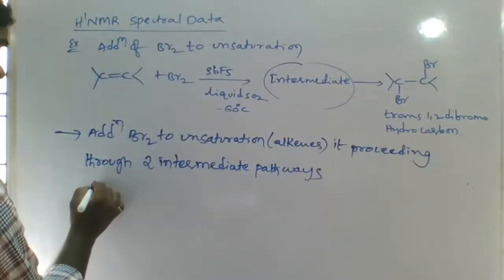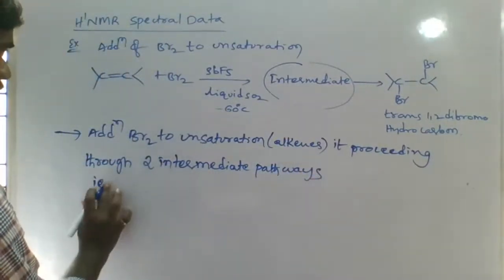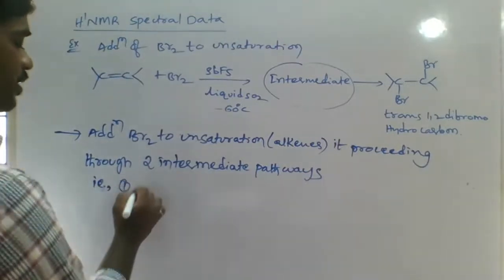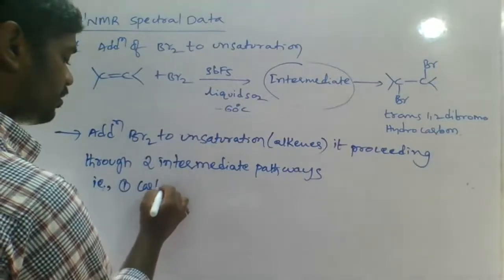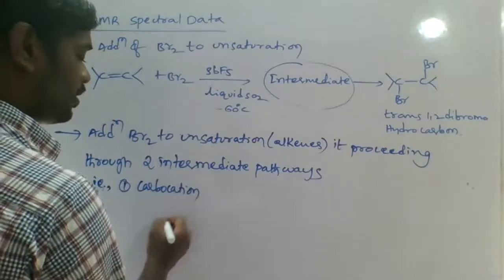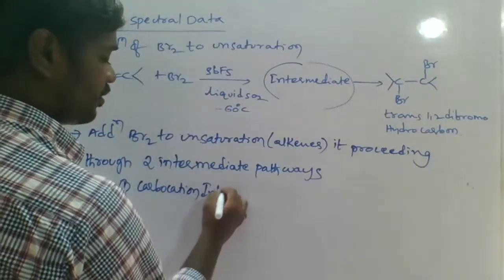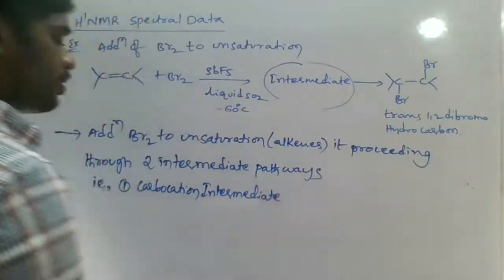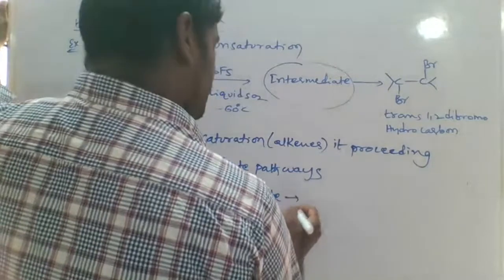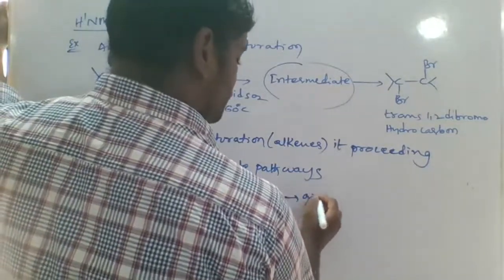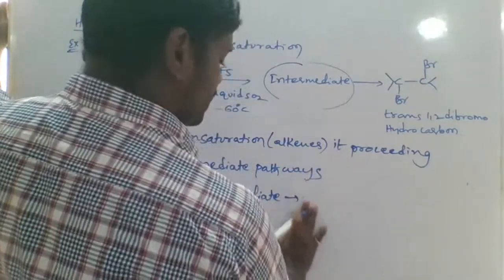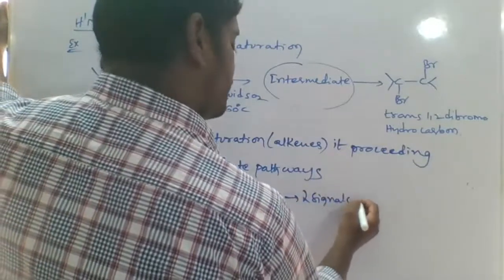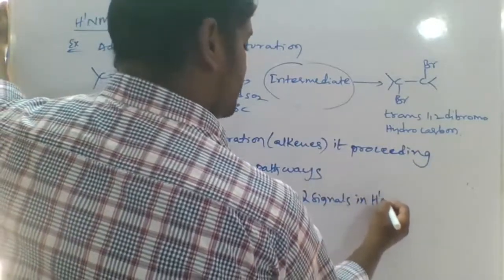The first is the carbocation intermediate, which gives two signals in H1 NMR.